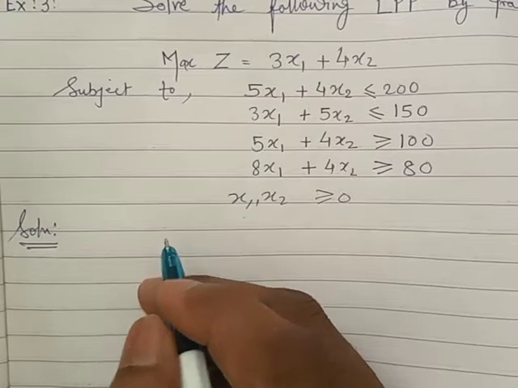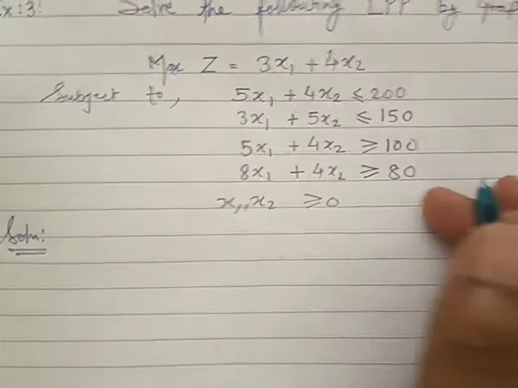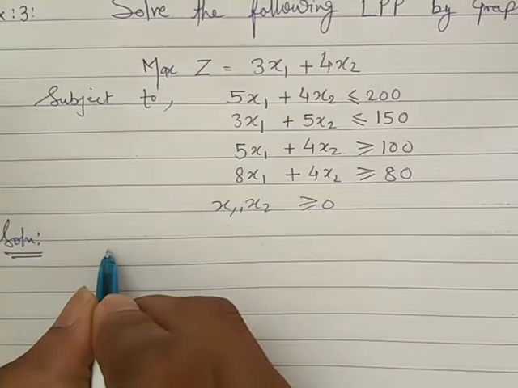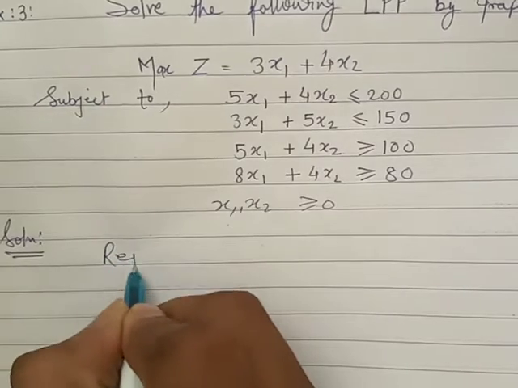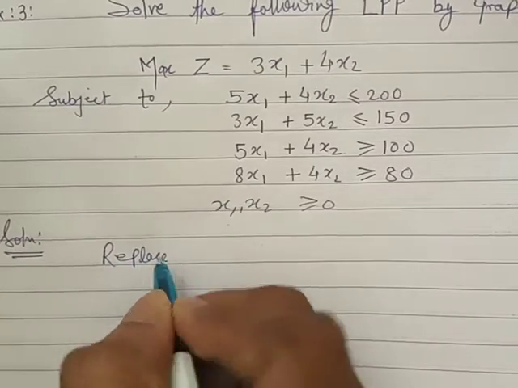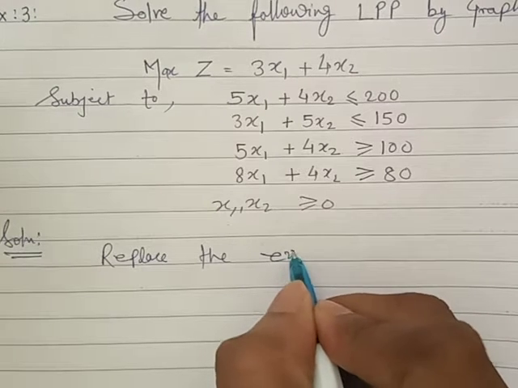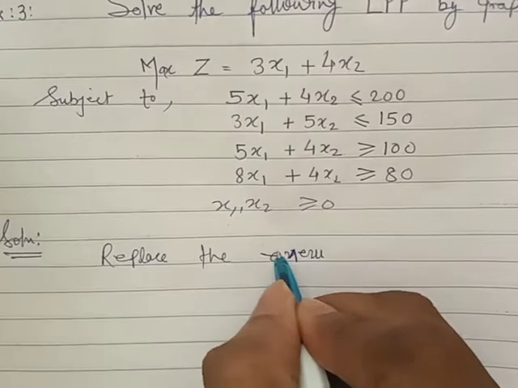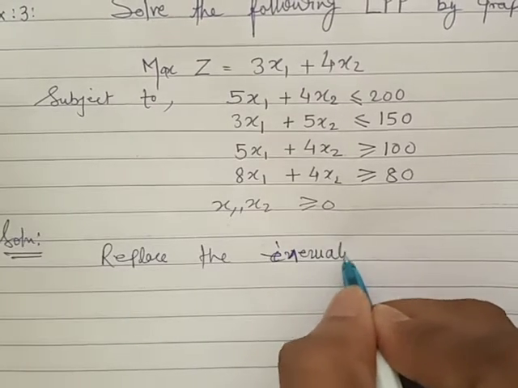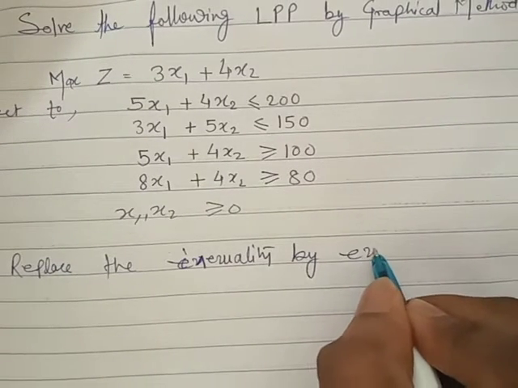So first of all, we will replace all the inequality signs of the constraints by equality signs.